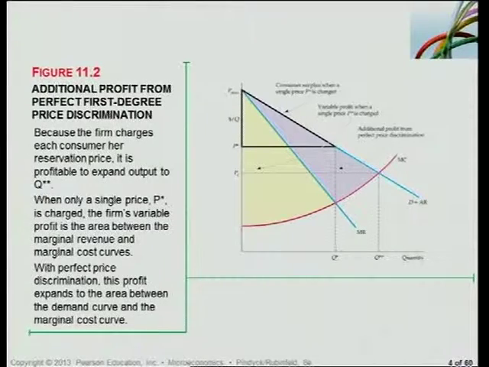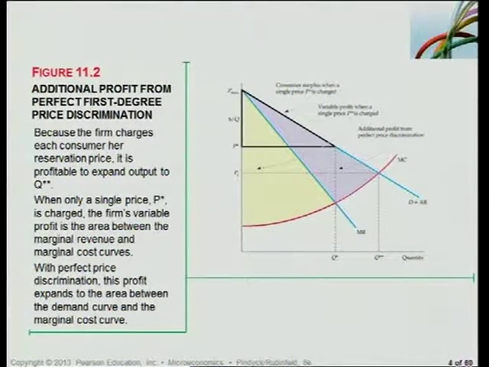Where the demand curve intersects the marginal cost curve, that indicates the new output that the firm will produce, Q asterisk. There will be a maximum price, which is P max, and also a perfect competitor price, which is PC. Some consumers will be willing to pay the higher reservation price, and some will be charged a lower price, which is also their reservation price.